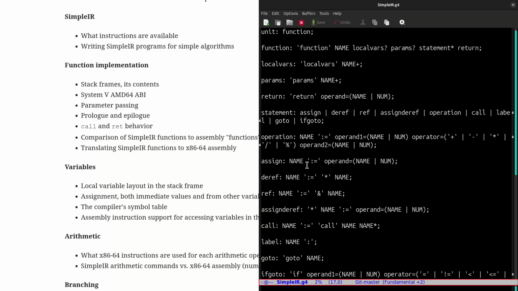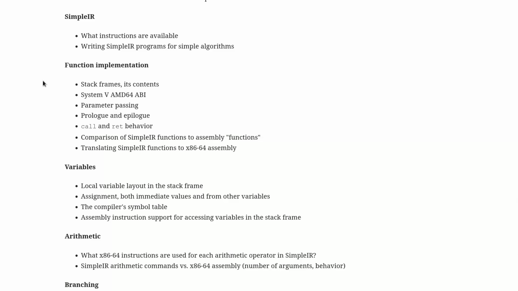If you get little syntactic errors, that's fine. Just have a couple of example programs. I even had a homework question where I asked you to write a SimpleIR program. So review that homework and all the examples we have in class, and with three or four examples, you'll have examples of the whole language. Questions on SimpleIR? So it's just like the homework where you have to write a SimpleIR program.